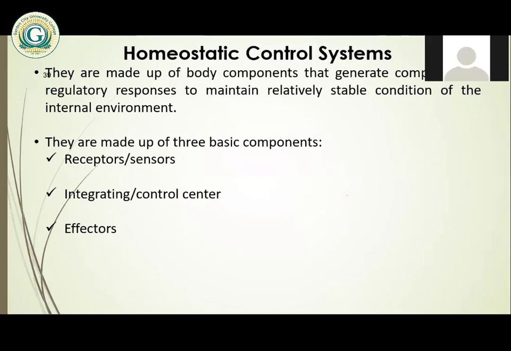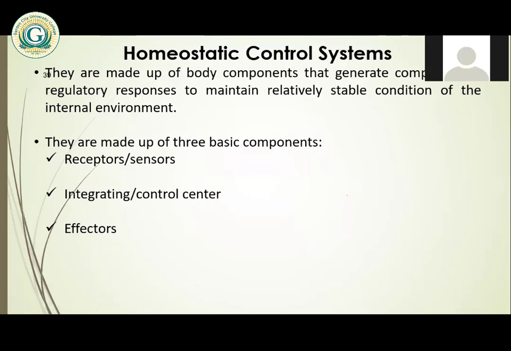All right. So we have the homeostasis control mechanism or system. This is a system that is working together to maintain homeostasis, and it's made up of three basic components: the receptors or sensors, the integrating or control center, then effectors. The receptors or sensors, from the name, sense the change that has happened in the system.